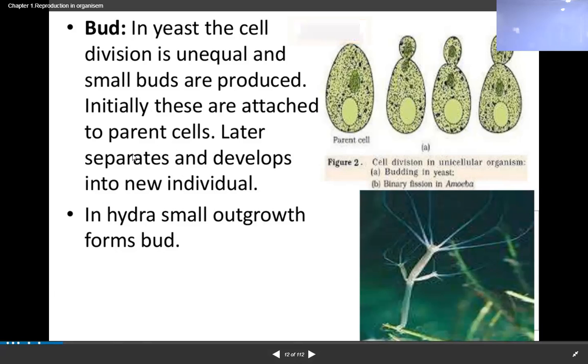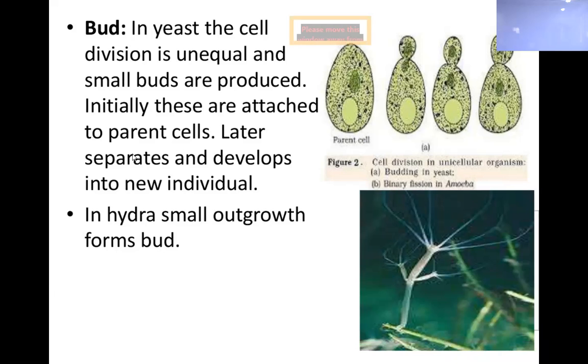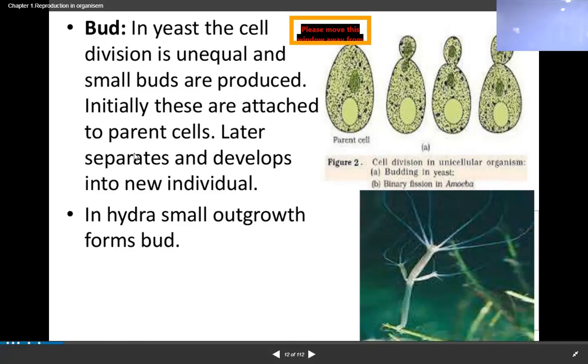It is a simple method of asexual reproduction, normally occurring in favorable conditions, and it is seen in a variety of animals like coelenterates, for example hydra, corals. Understood?